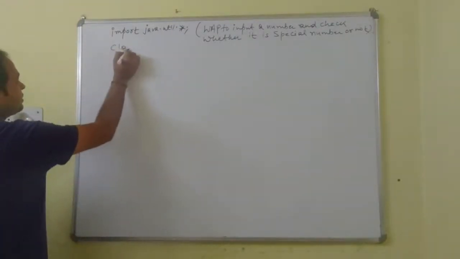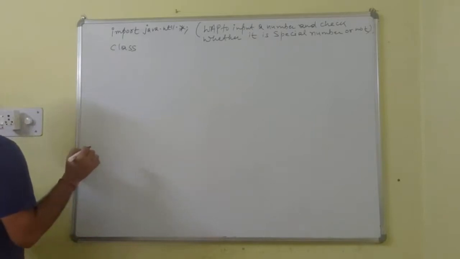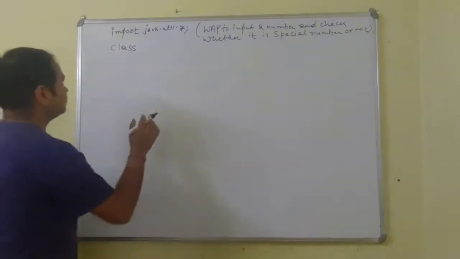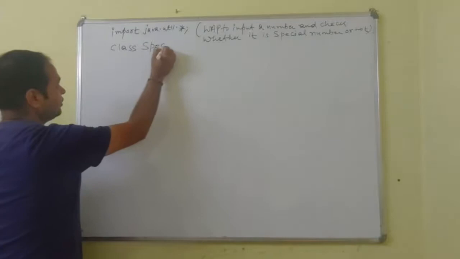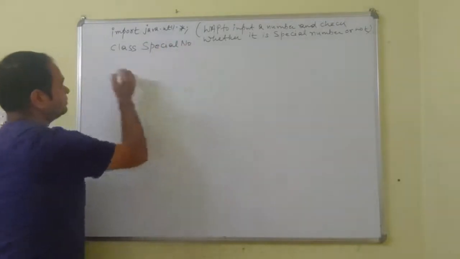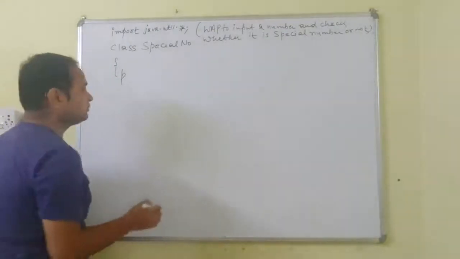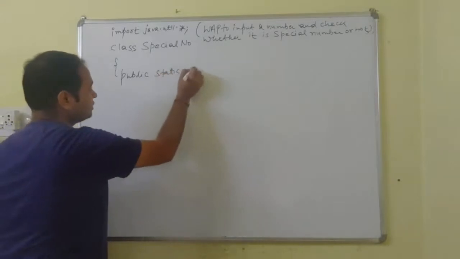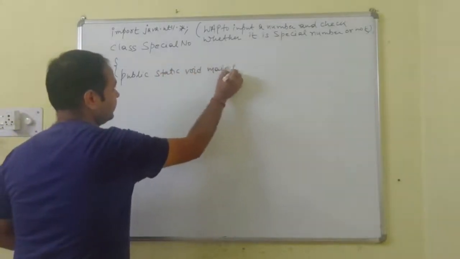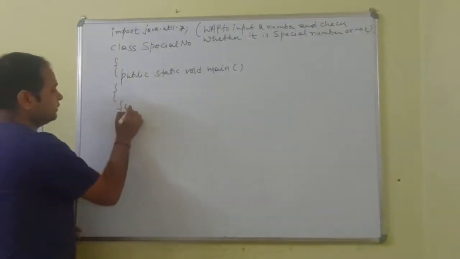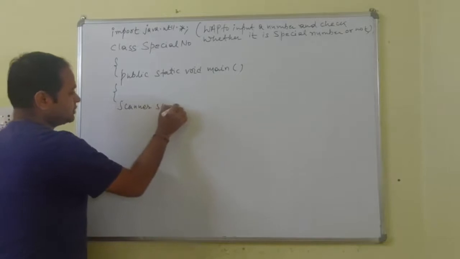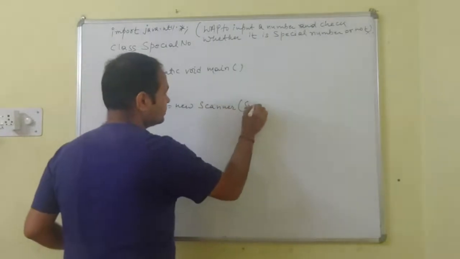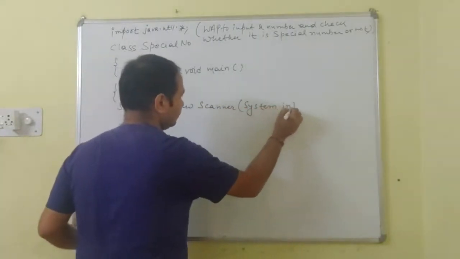Now the class Special Number, then public static void main, and Scanner sc equals new Scanner(System.in).